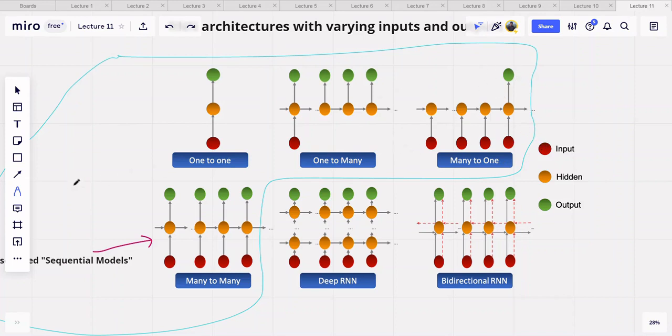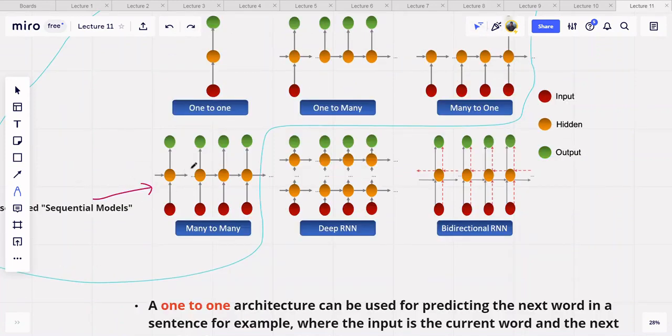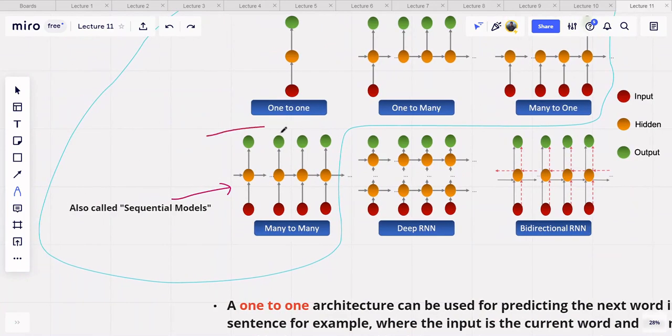Then we have many to many. Many to many is the most commonly used architecture, wherein we take multiple inputs and we produce multiple outputs. This architecture is also called sequential models, because our input is a sequence and our output is also a sequence.